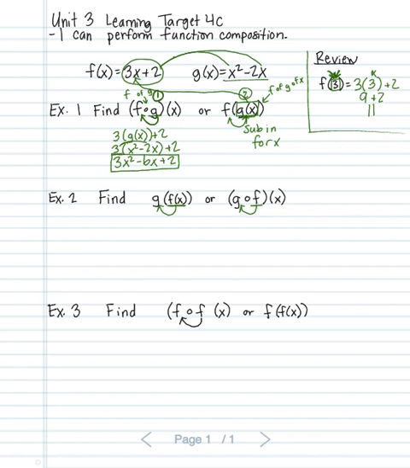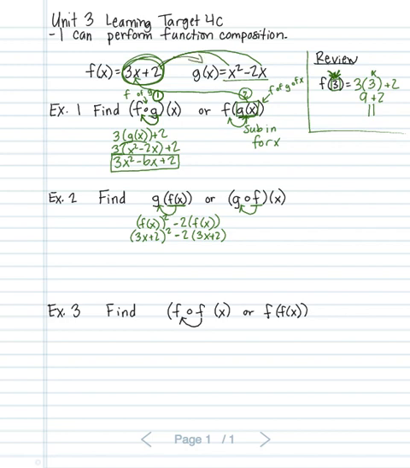So we would say f of x squared minus 2 f of x. We take whatever f is and fill it in for g. So f is 3x plus 2, squared, minus 2 times 3x plus 2 again. We took this function and filled it in for g.